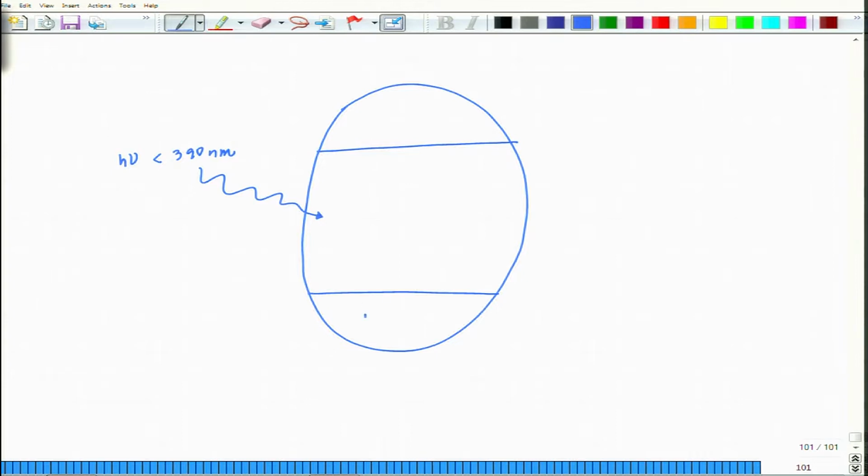Here you have the holes, which are positive, deficient in electrons, and you have the electrons. And this is your conduction band, whereas this one is your valence band.